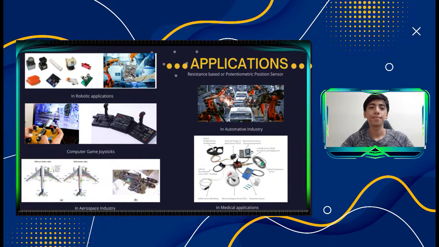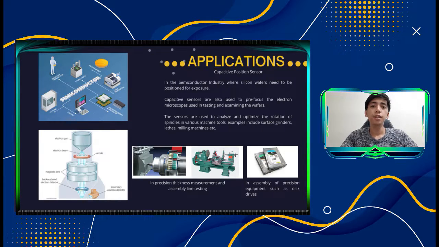And for the second type of position sensor, which is the capacitive position sensor, its applications are, first, in the semiconductor industry. The silicon wafers need to be positioned for exposure.